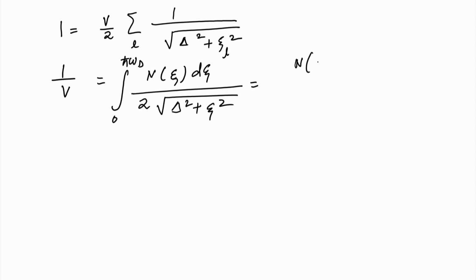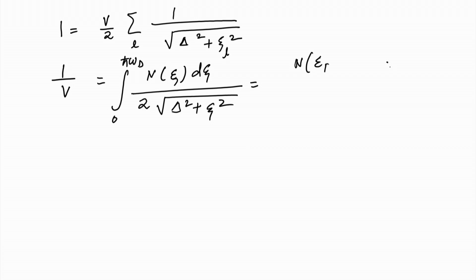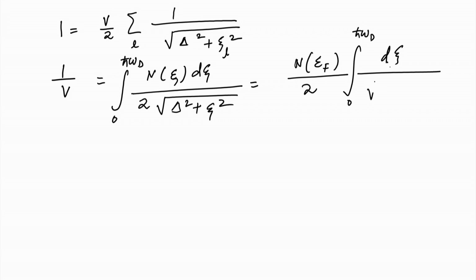So, we can write this as n of epsilon f by 2, integral 0 to h cross omega d, d xi over root of delta square plus xi square.